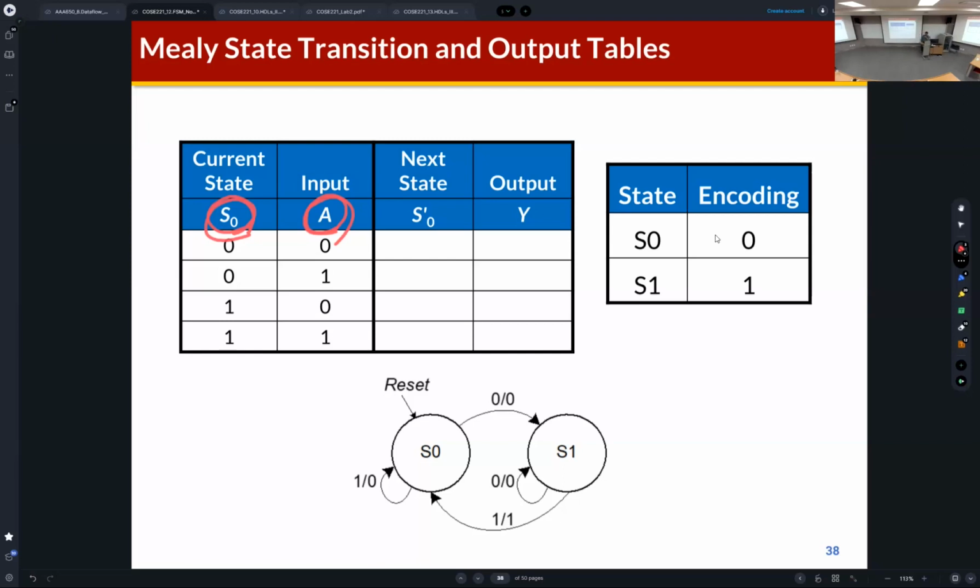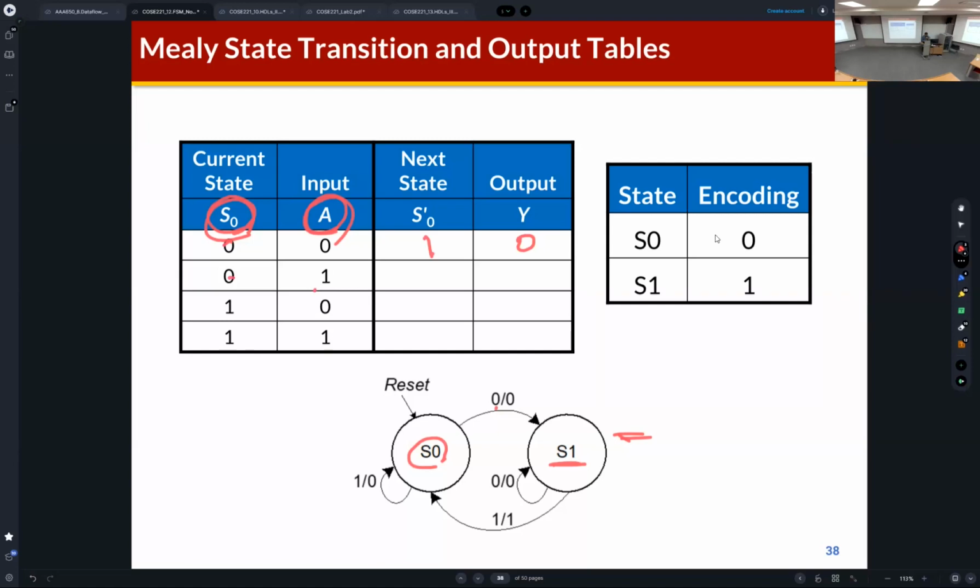Then how can you do this transition and output? It's simple. If we look at this transition diagram, we can fill in this table. If the current state is 0 and the input is 0, then the next state is S1, which is 1, and the output is 0.